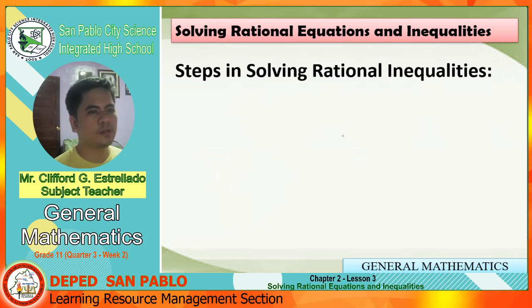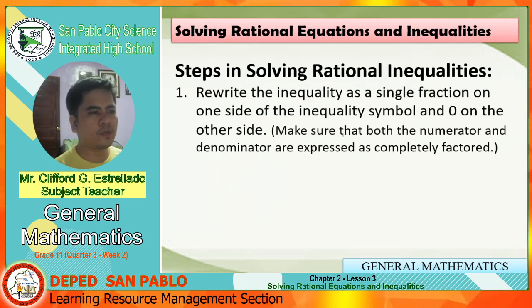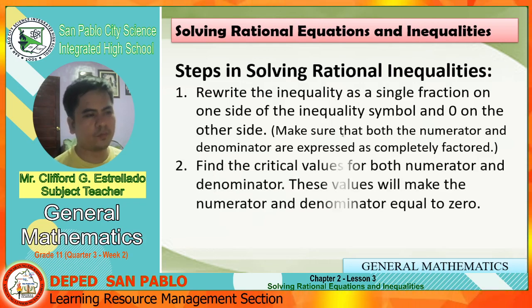So, steps in solving rational inequalities. The first step is to rewrite the inequality as a single fraction on one side of the inequality symbol and 0 on the other side. Make sure that both the numerator and denominator are completely factored. Next is to find the critical values for both numerator and denominator. These are the values that will make the numerator and denominator equal to 0.